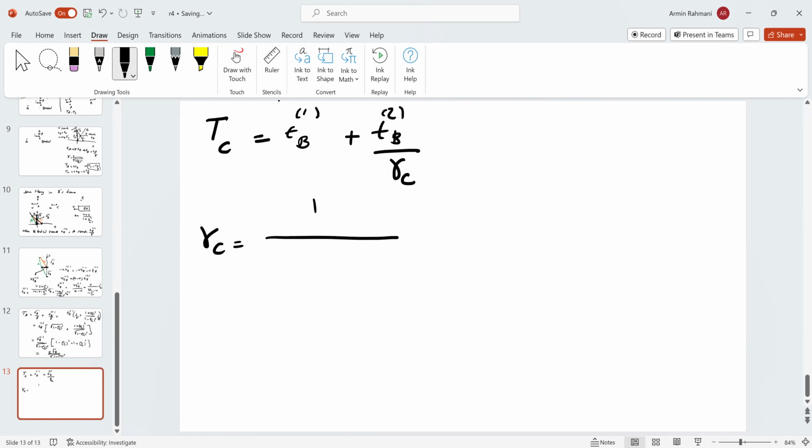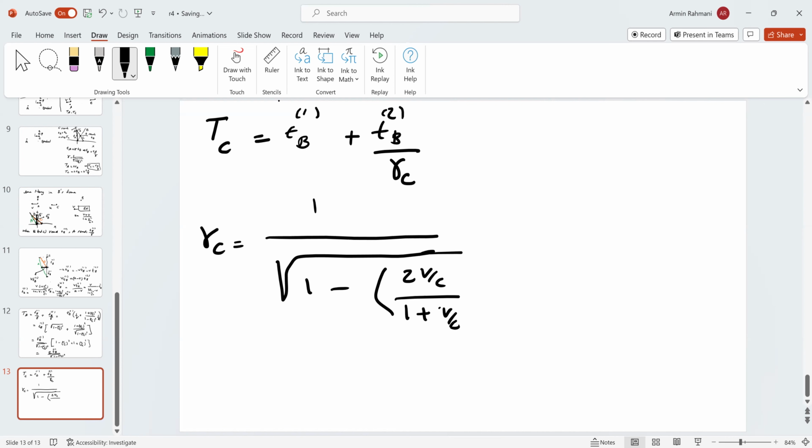1 over square root of 1 minus u over c squared. So that's going to be minus, remember, u was 2v over 1 plus v over c squared, something like that. So this becomes 2v over c, right, when I divide by c, over 1 plus v over c squared, quantity squared.